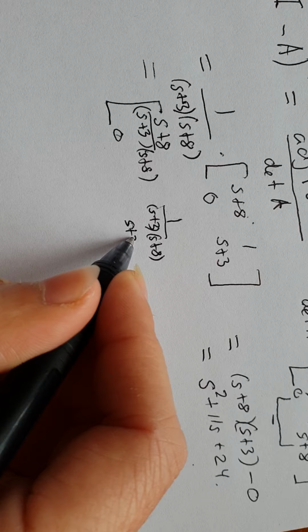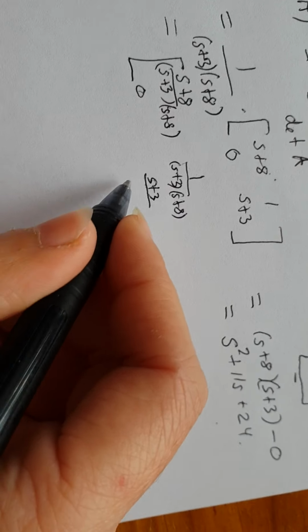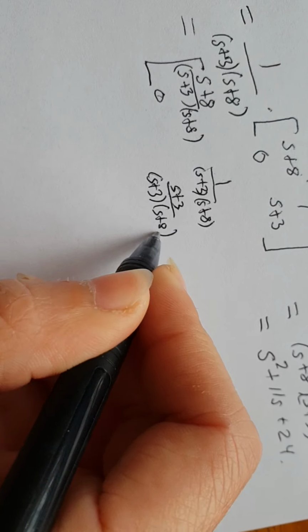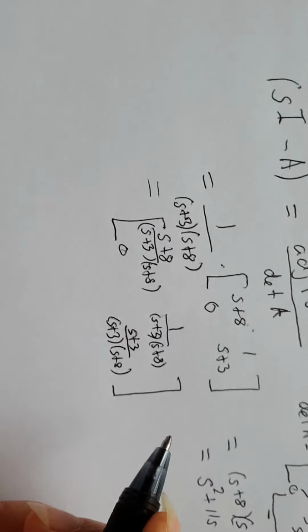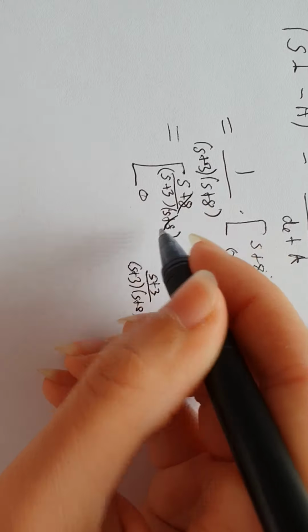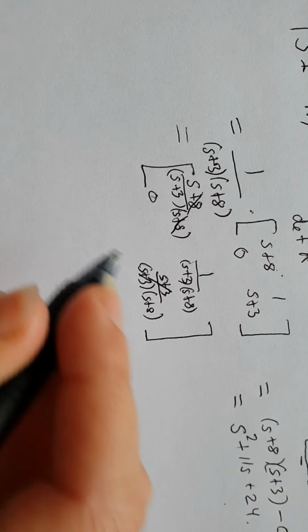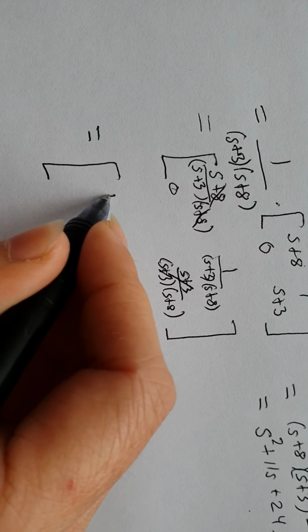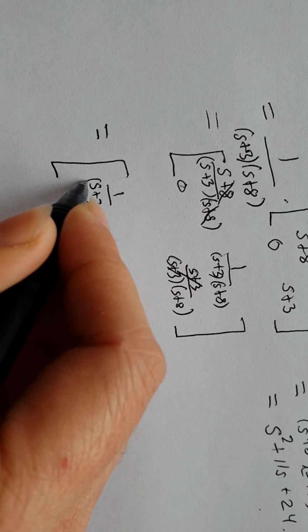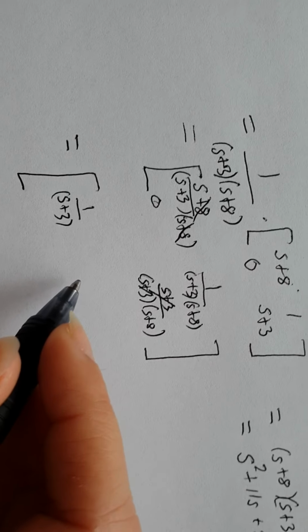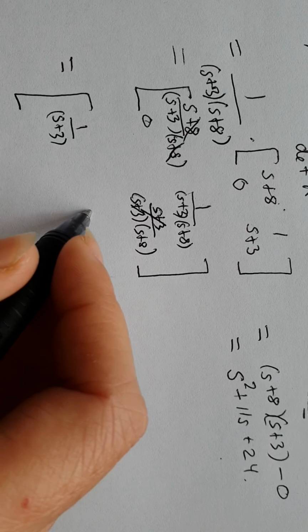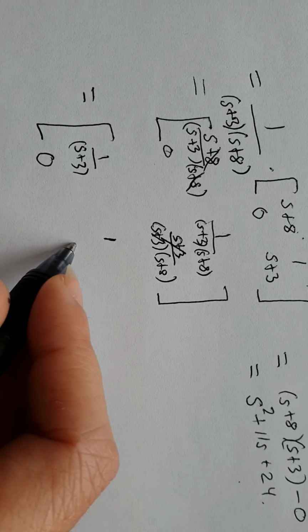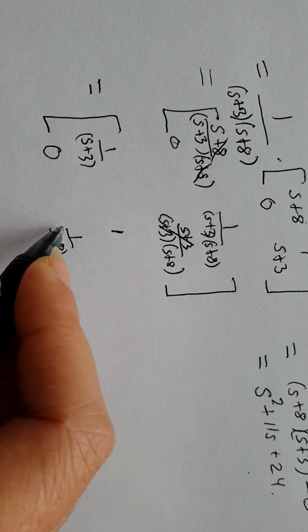And then S plus 3 over S plus 3, S plus 8. So let's go ahead and cross off the like terms, and we can rewrite the matrix to 1 over S plus 3, we can put this as just 1, this is 0, and 1 over S plus 8.